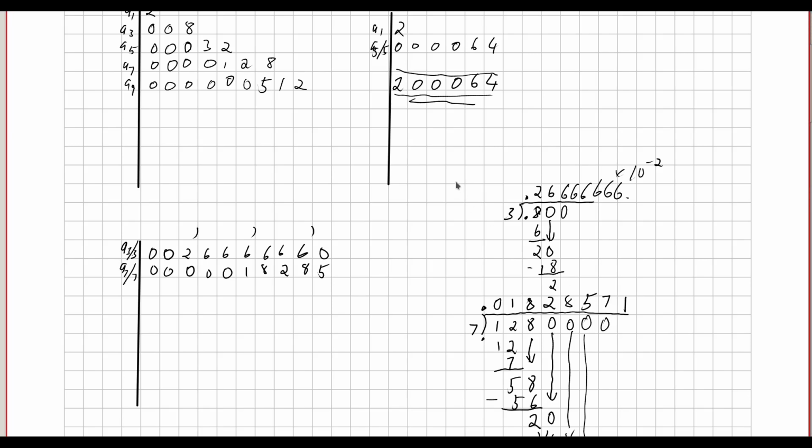Okay. Now, what Machin did then was he added these up. So he added the negative terms up. So that's just 5.